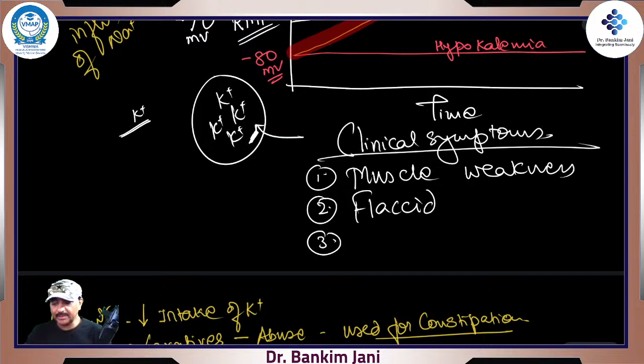This is about the skeletal muscle. What about the digestive system muscles? Now they are also flaccid. If they are flaccid, it will lead to nausea, vomiting, because they are losing their tone. So there would be nausea, vomiting.